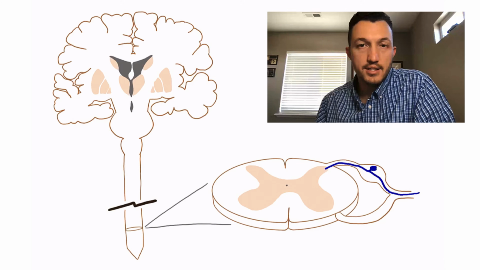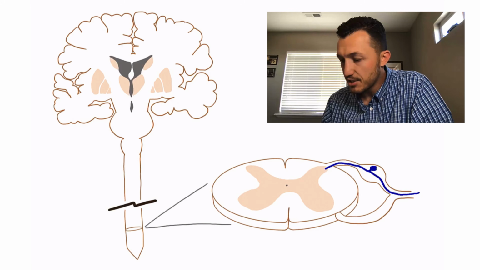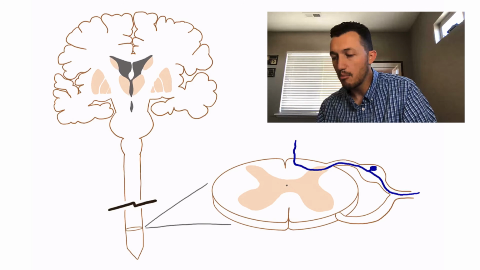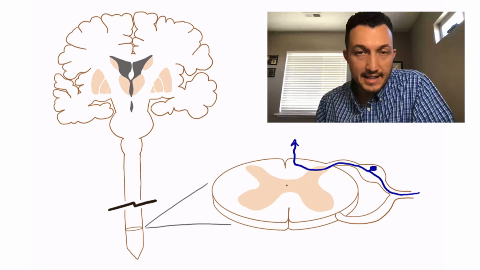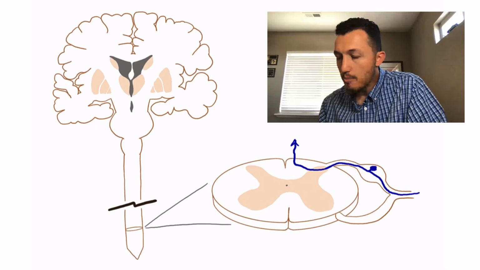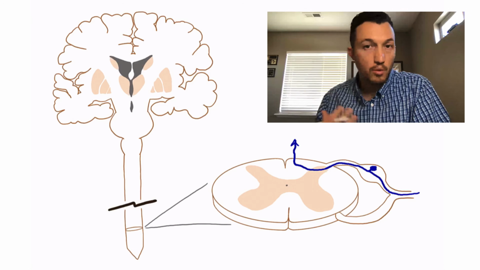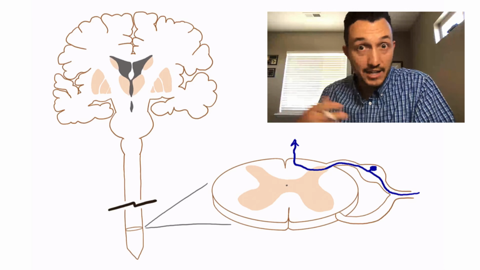Now with this dorsal column pathway, the first order neuron, as it enters into the spinal cord at this level, will not decussate and will immediately start heading up within the spinal cord without synapsing on a second order neuron. Okay, and it's going to travel up the ipsilateral side of the spinal cord, so the same side of the spinal cord from which it entered.